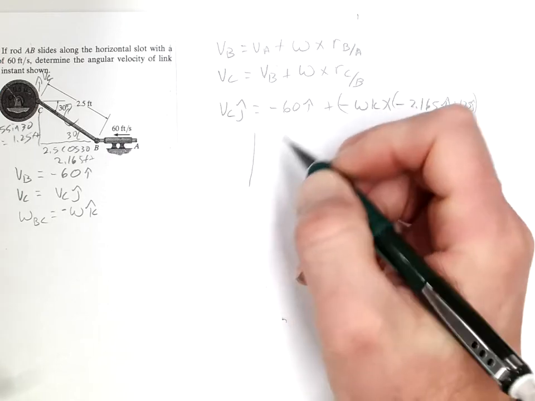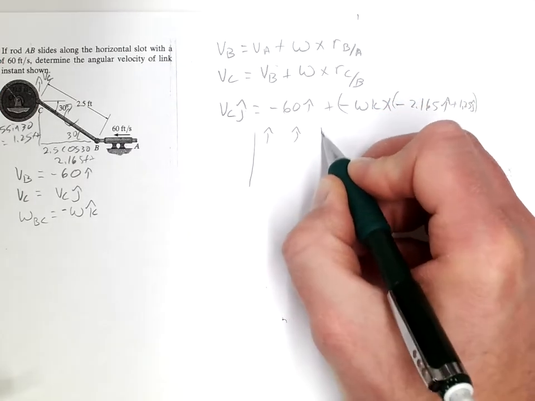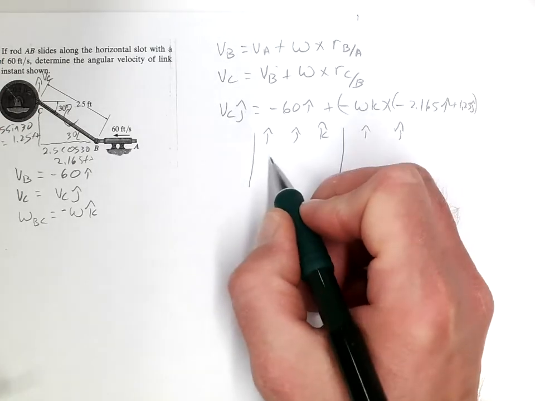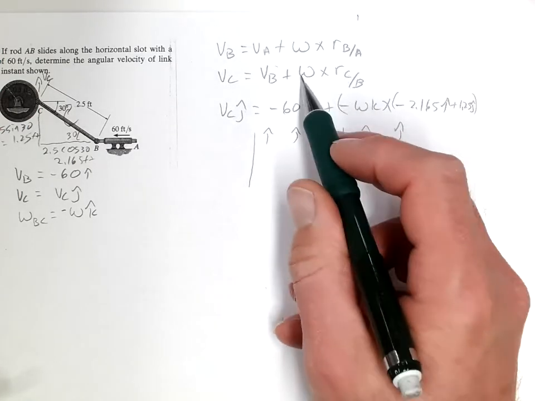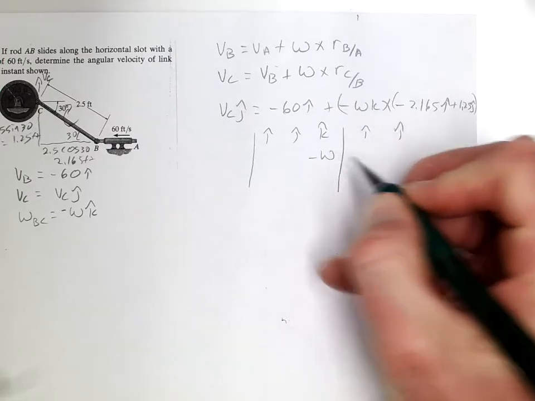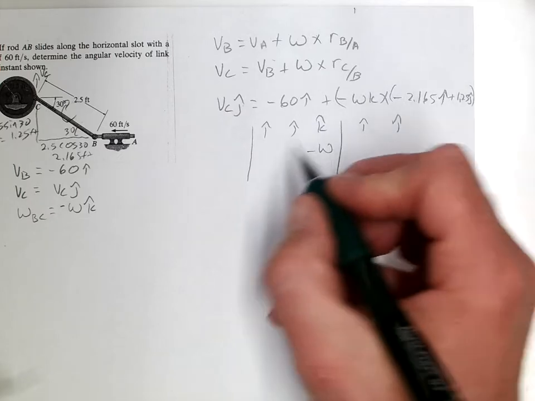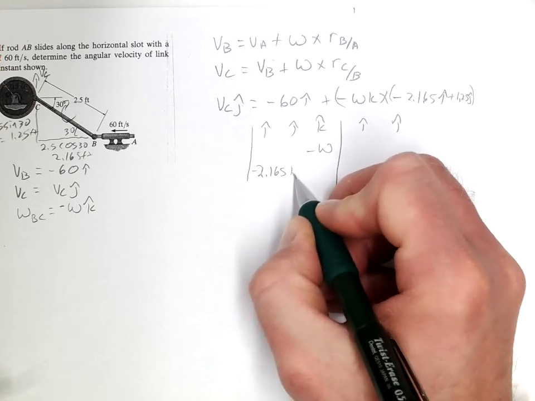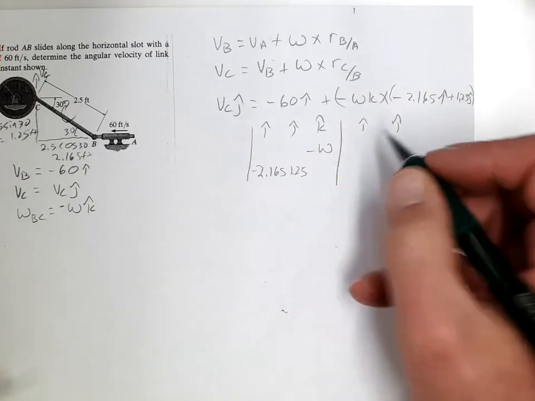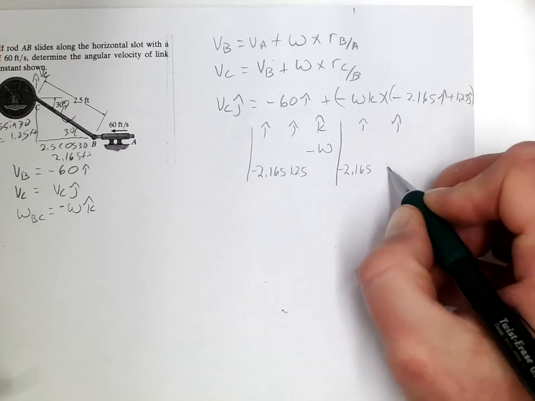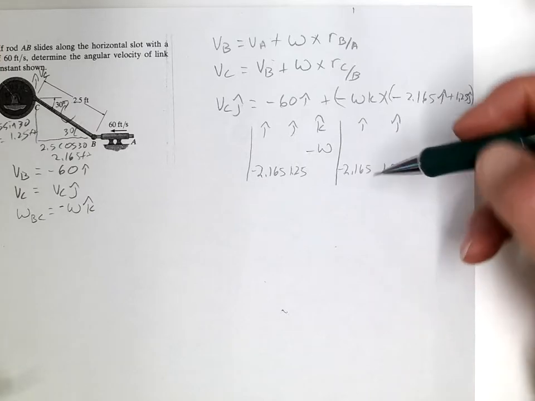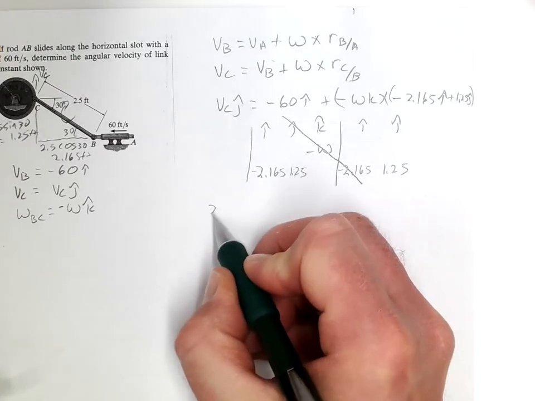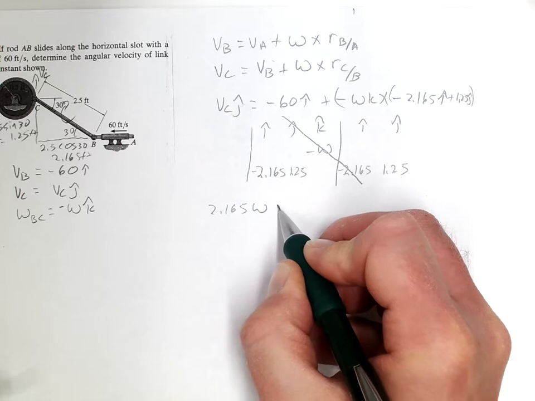I'm going to do it this way: I, J, K, I, J. And we're doing omega cross R. So omega is negative omega in the K, and we're crossing that with negative 2.165 in the I and 1.25 in the J. So that gives us a double negative, so 2.165 omega in the J direction.